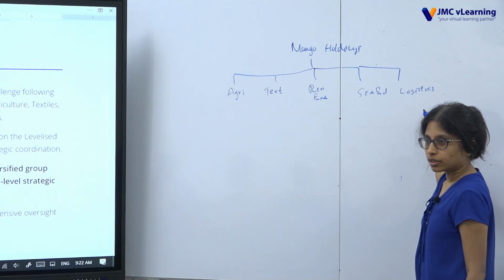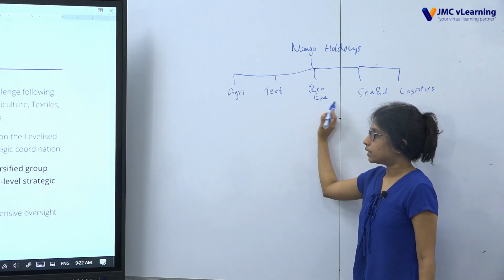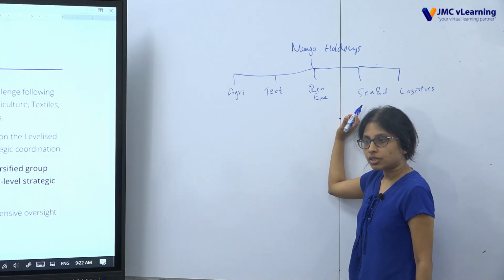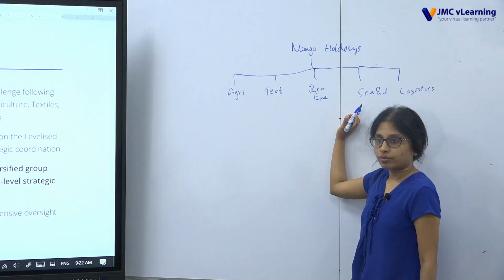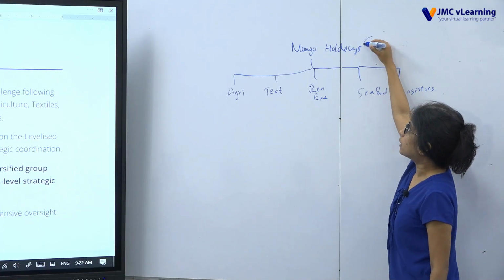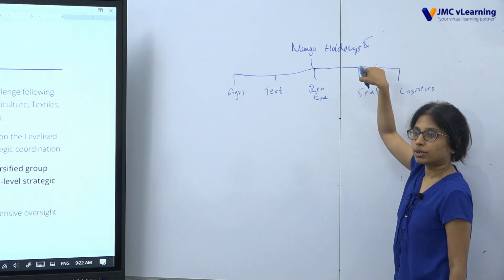The issue here is these companies use different company specific metrics, so the board can't decide which company is doing better.